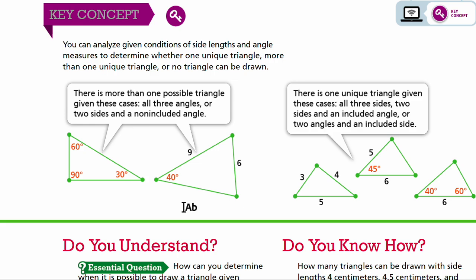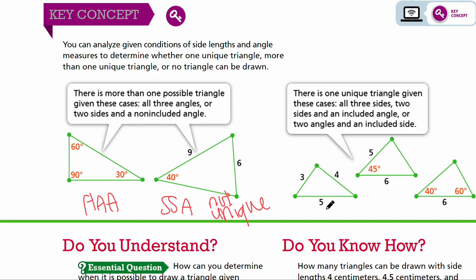Wait, with all three angles, or two sides and a non-included angle, this is more than one possible triangle. So this is not unique. If the angles are fixed, or there's an angle that is not included, then it's not unique, okay?